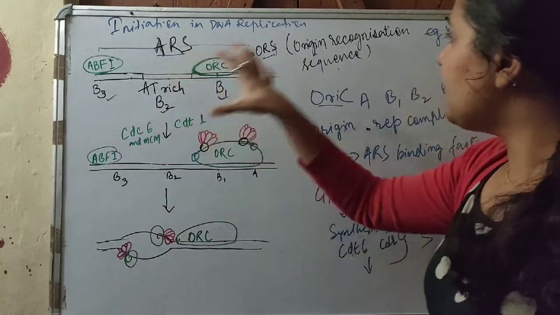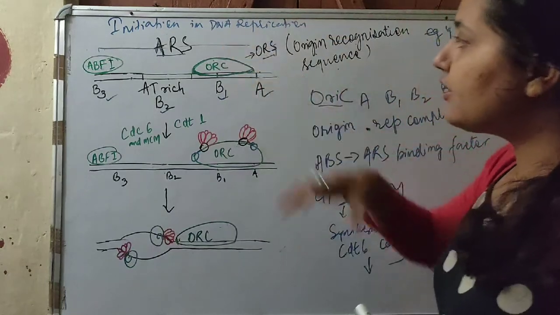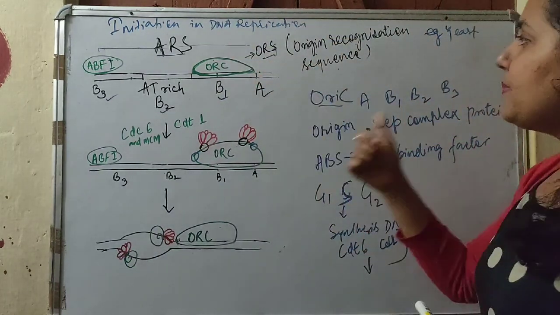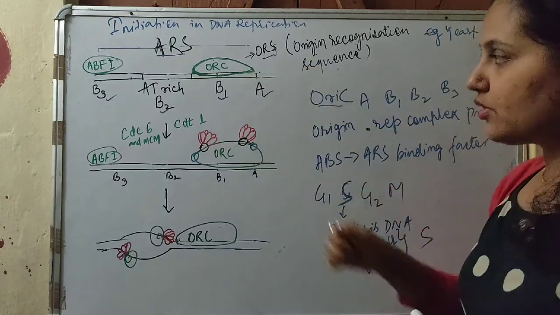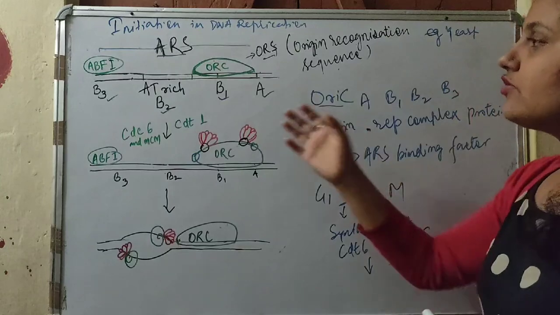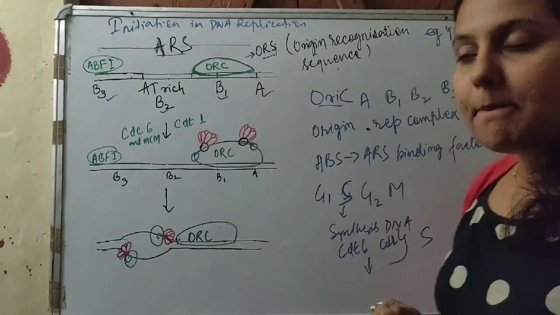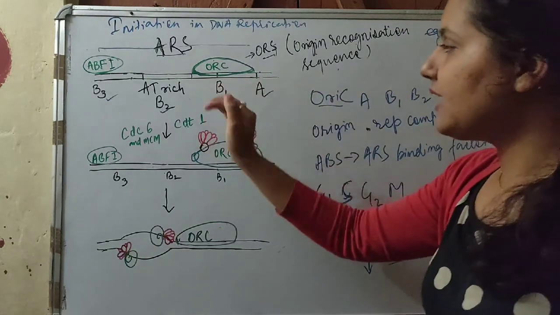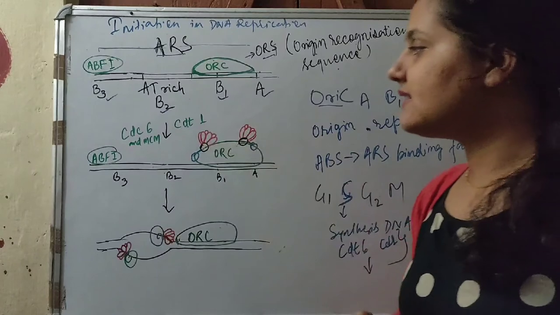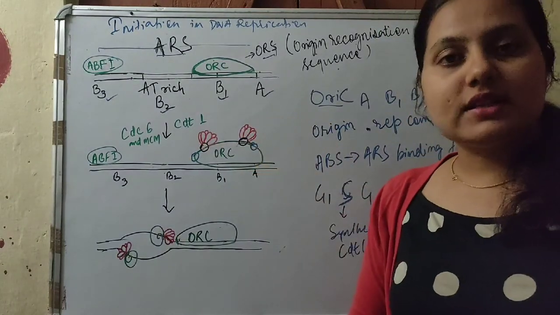A and B1 make the origin recognition sequence, and here the first protein complex, the origin recognition complex protein, will come and bind. After binding of the origin recognition complex, ARS binding factor will bind to B3. After binding of ARS binding factor to B3, now CDC6, CDT1 and MCM protein will bind to the ORC complex.